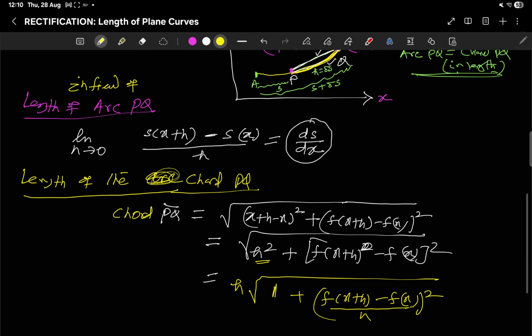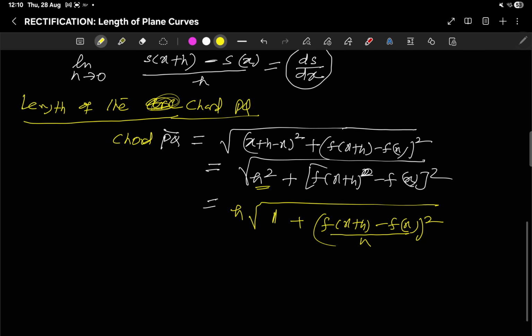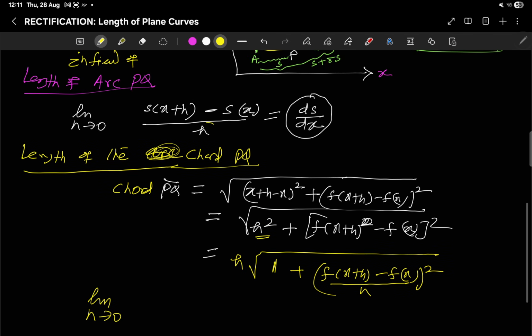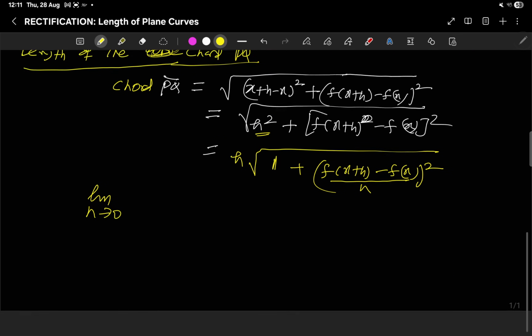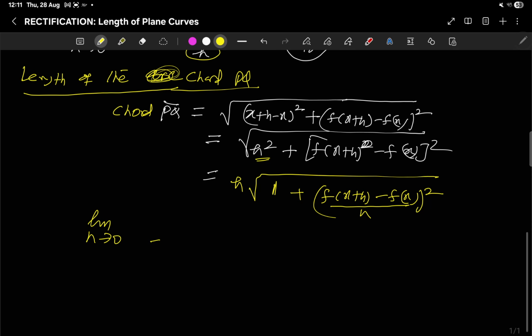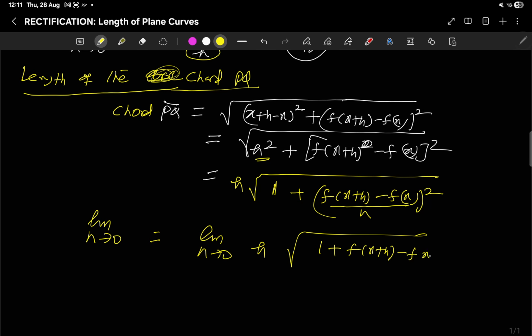Now in the same way, if I take limit h tends to 0 and divide by h as I did here, this will be the limit as h tends to 0 of h into the square root of 1 plus ((f(x+h) minus f(x)) by h) whole square, divided by my h.